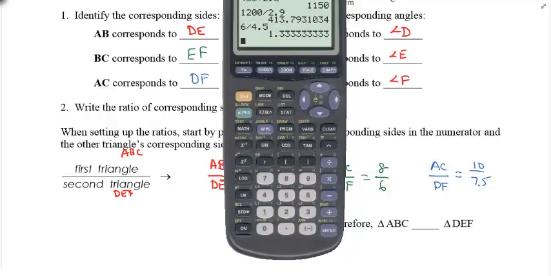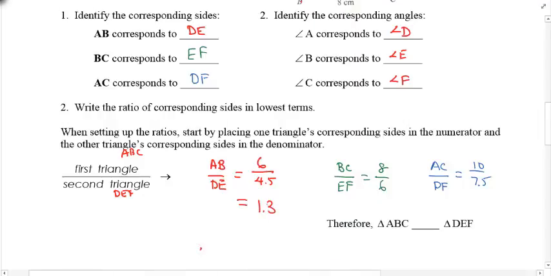That's 1.33333. And 8 divided by 6, I'll tell you, is also 1.33333, going on forever. And the same thing here. So because the ratio is the same, that means that triangle ABC must be similar to triangle DEF.